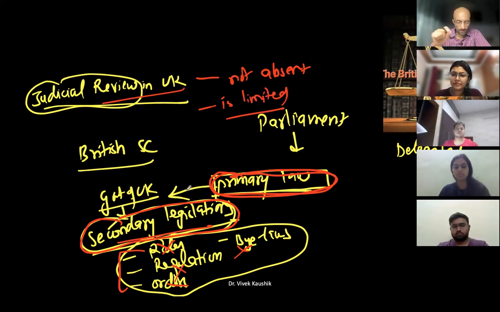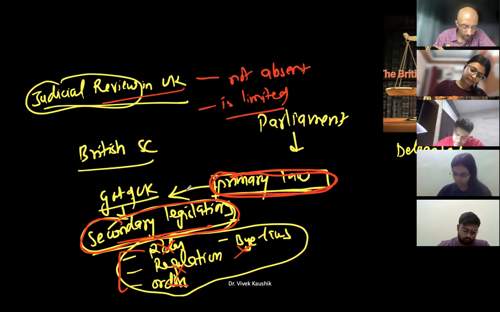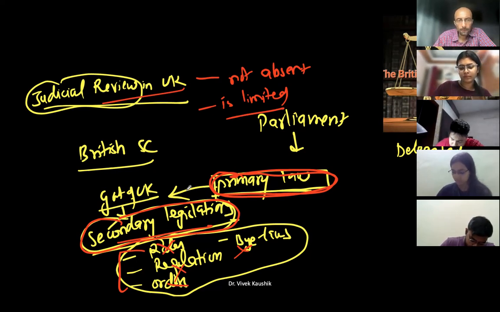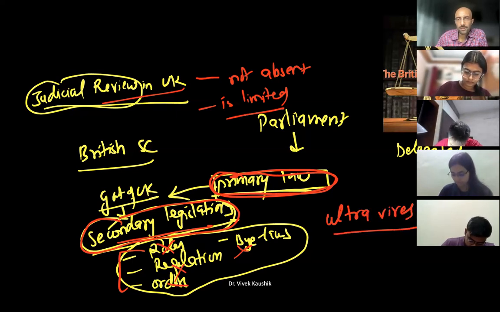Got the point? So write this. While judiciary cannot overturn primary legislation, it can declare secondary legislation to be void if it is found to be ultra vires.